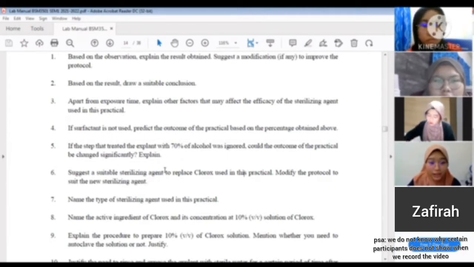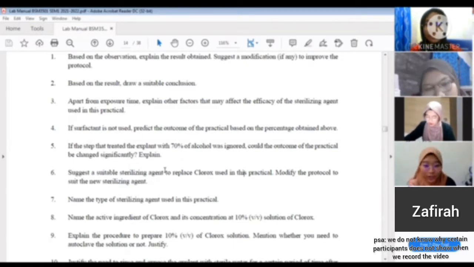I think the suitable sterilizing agent to replace Clorox is calcium hypochlorite because it is commercially available in the form of powder, and if we want to use it, we have to dissolve it in water, and we have to filter the solution, and the final concentration is about 3.25%. Okay. So everyone agree with Izzah? Yes. All right, moving on.